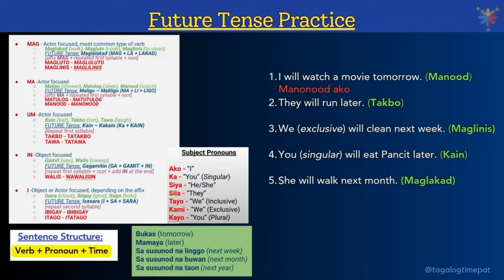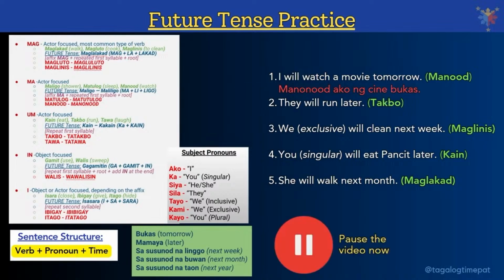Manonood ako means I. Ng sine. Bukas means tomorrow. Manonood ako ng sine bukas. I will watch a movie tomorrow. Again, if you're going to add an object, it would just go right before time. So you give it a try. You can pause the video now if you need. You do numbers 2 through 5 and we'll go over them in just a bit.